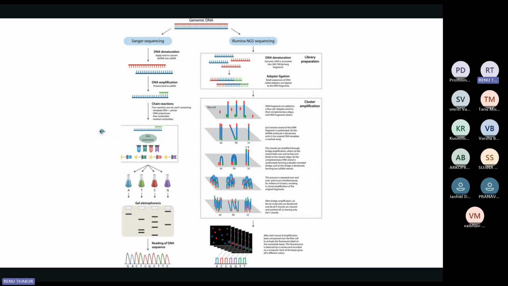Illumina is obviously a more high throughput method, an easier method, and at a time we are able to do this for millions of fragments. The scale of NGS sequencing is much higher than Sanger sequencing. This is just a difference between the Sanger sequencing procedure and Illumina sequencing.